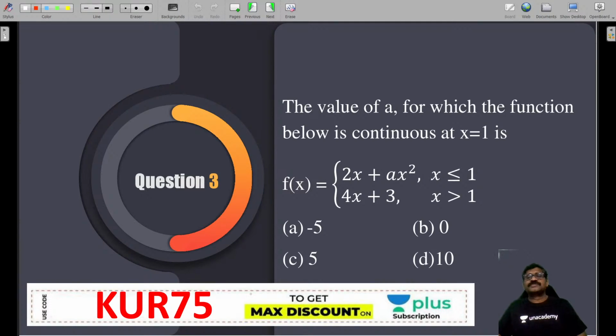Next problem, find the value of a for which the function below is continuous at x equal to 1.